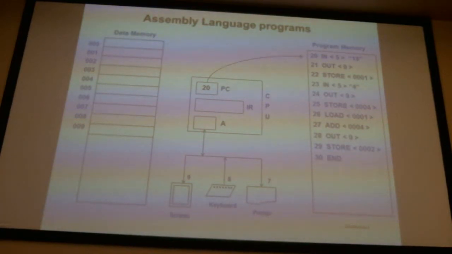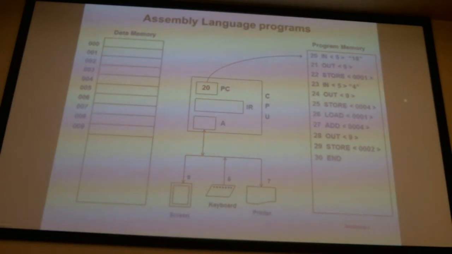They are related to these devices here. If I use in with 5, it means we're typing in data from the keyboard, and it's going into the accumulator. Out means that anything we have in the accumulator goes to the screen or printer, depending on whether I use 9 or 7.